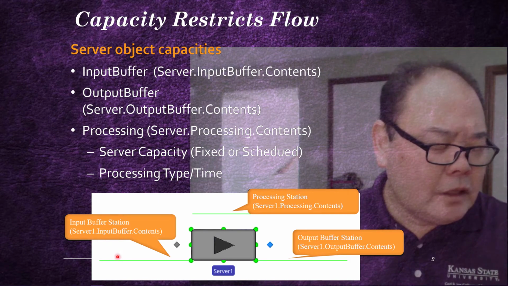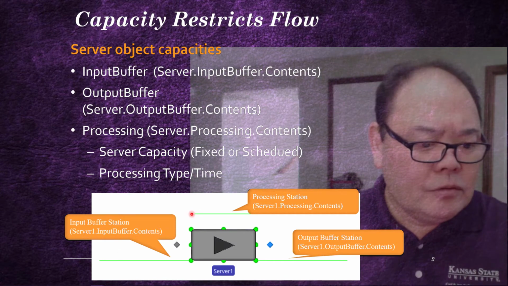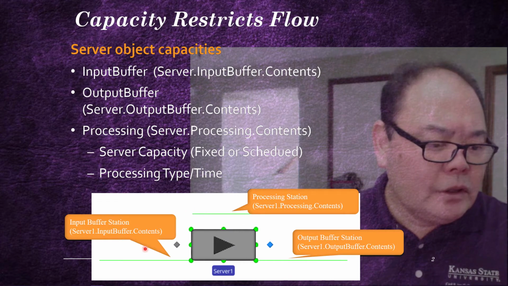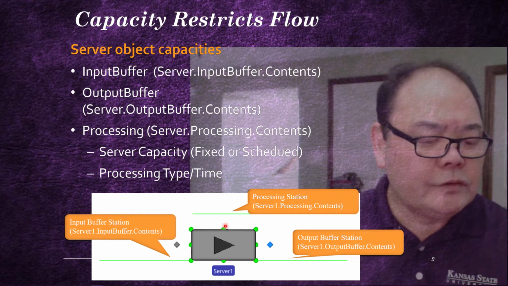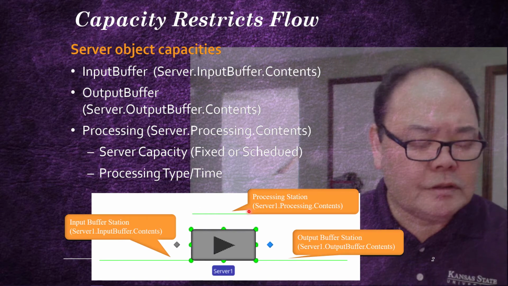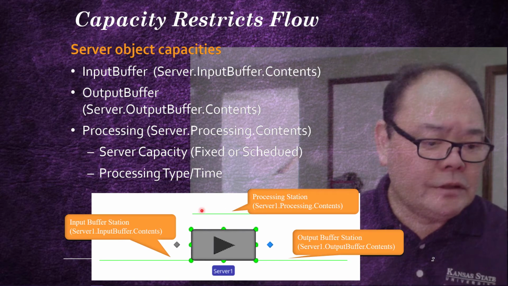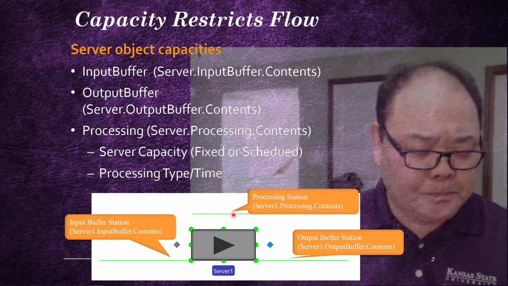The content there is Server1.InputBuffer.Contents. And we also have a green line on the top: when the entity gets out of the input buffer, it takes possession of the resources within the server, and then it starts getting processed. While it is being processed, it is put into this processing station.